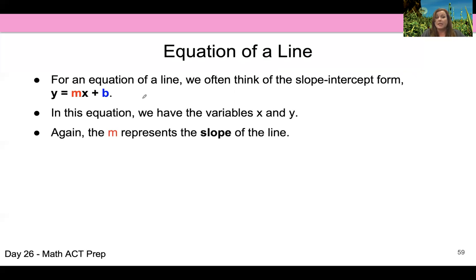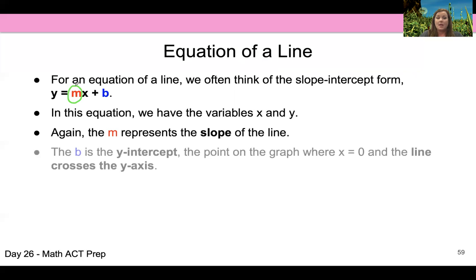And m, again, represents the slope of the line. So this coefficient in front of x is going to be whatever our slope is. This b here is where it crosses the y-axis. So it's always going to be (0, b). Whatever that b is will be the second coordinate.